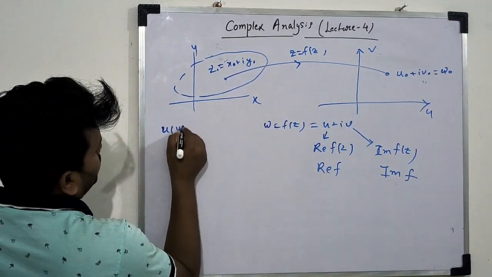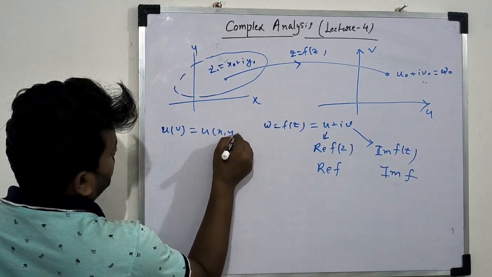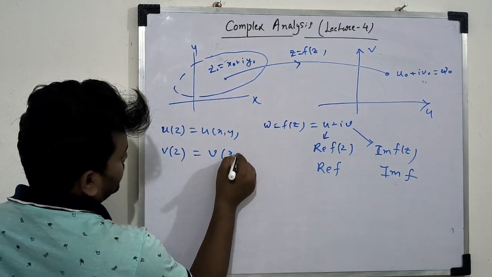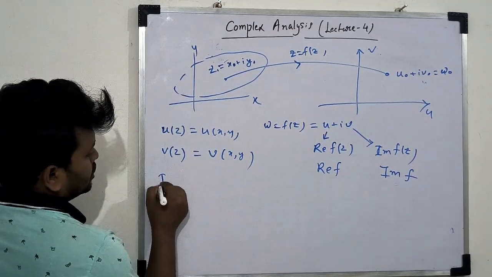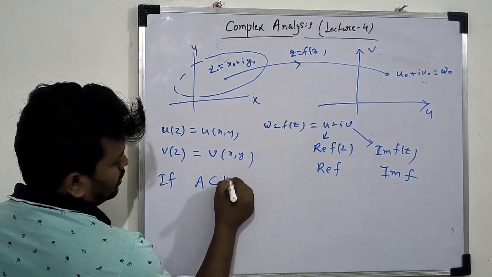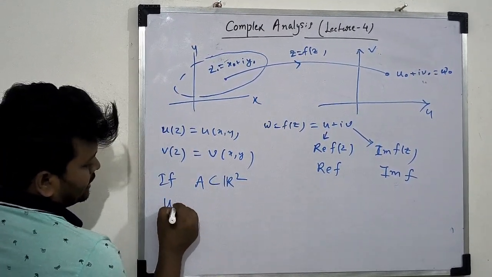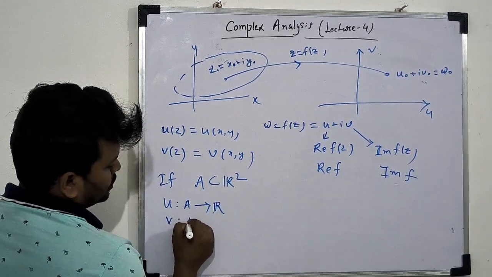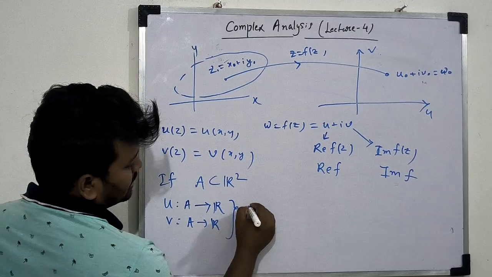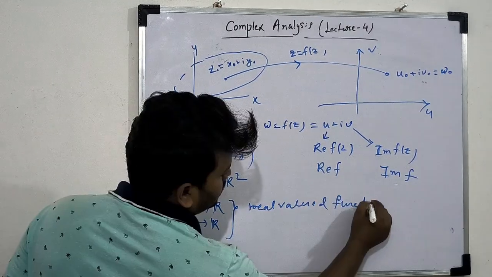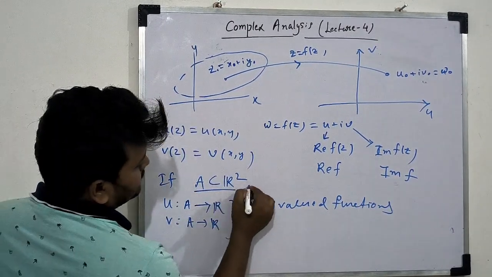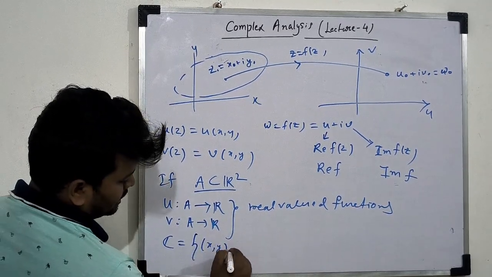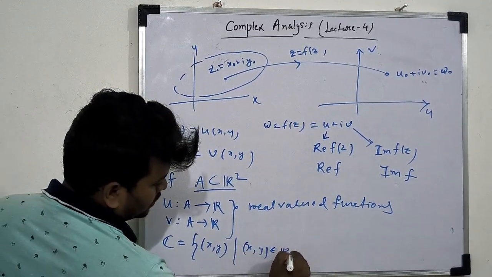As u and v are functions of x and y, u(z) is a function u(x,y) and v(z) is a function v(x,y). So in this place, if we take A as a subset of R2, then u is a function from A to R and v is also from A to R. So these are real valued functions.